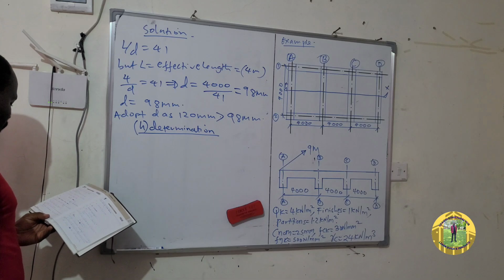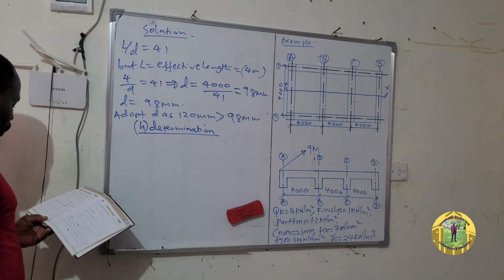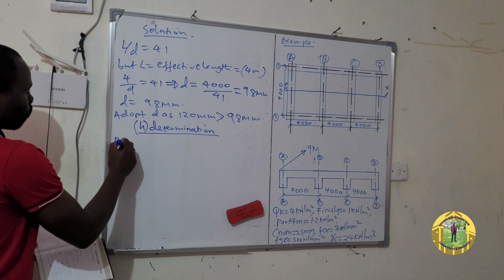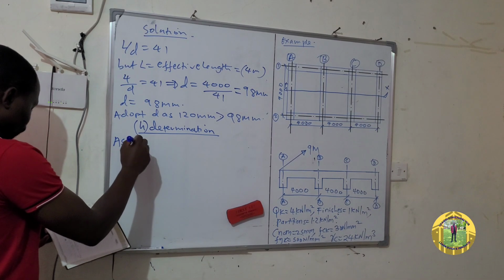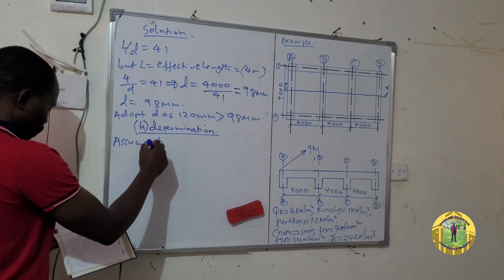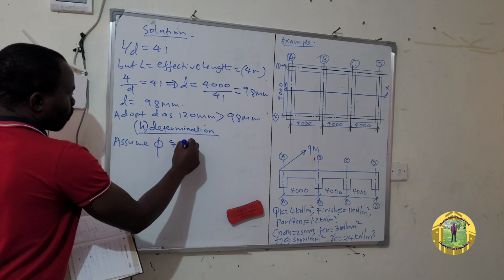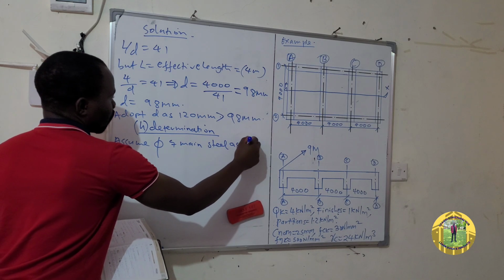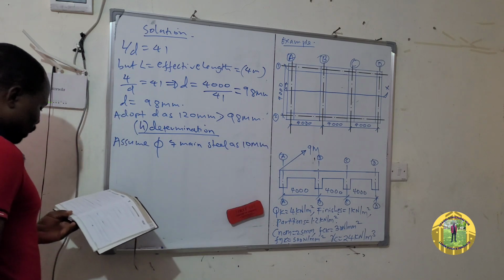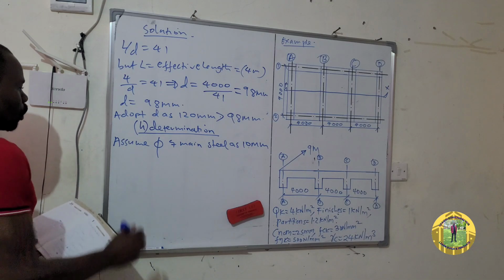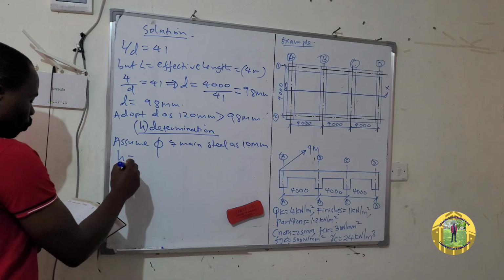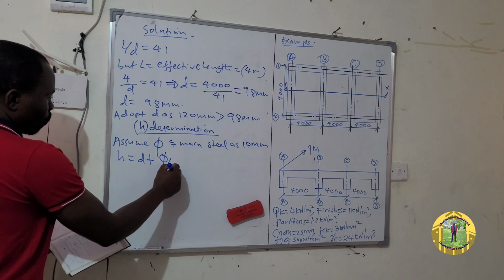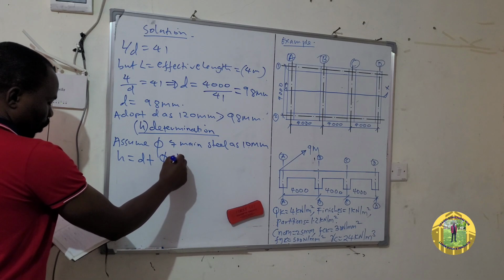To calculate H, you will assume diameter of main steel as 10 millimeters. Therefore, H is equal to D plus main diameter over 2 plus nominal cover.